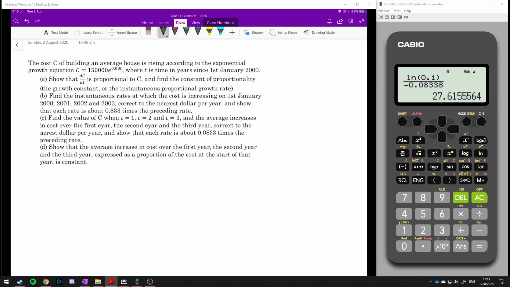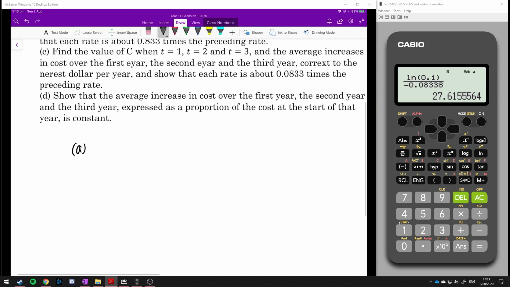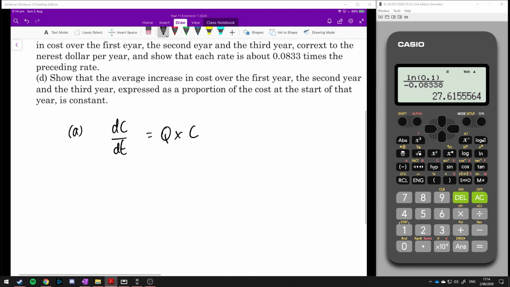So basically what we're going to show in this case is that the derivative is directly proportional to the function itself. In other words, dC/dt is equal to some amount A times C, some proportion amount times C. So that's our goal for this first one.